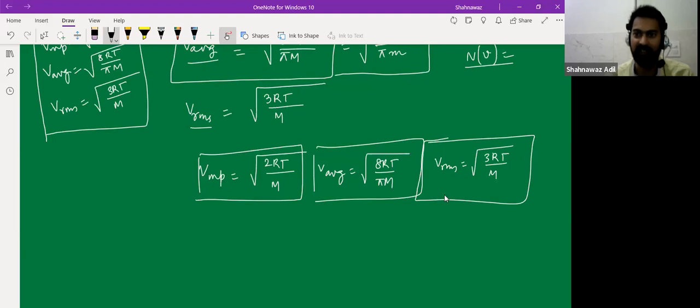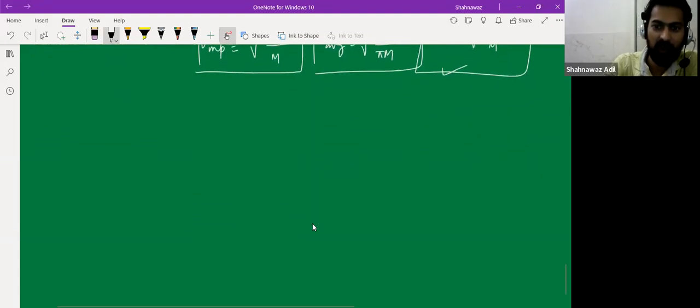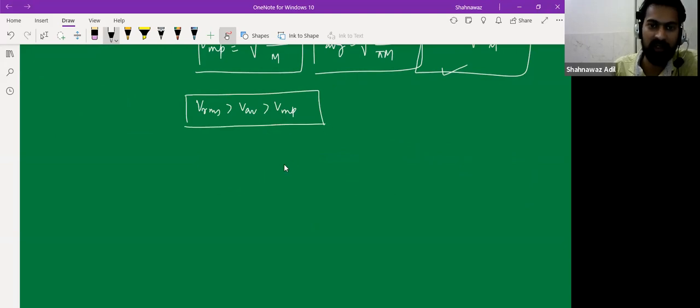Who said that? Okay, yes, Sanya, right. So VRMS is the greater one. Then we have V average, and then we have V most probable. That is how the velocities are, right?